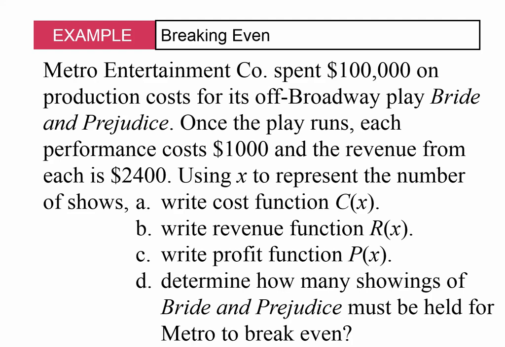So here's what we got to do. We got to put in some functions here. Can you write for me the cost function for this play? Can you give me the revenue function? Can you give me the profit function? And then the most important thing is determine how many showings of Bride and Prejudice must be held for Metro to break even.